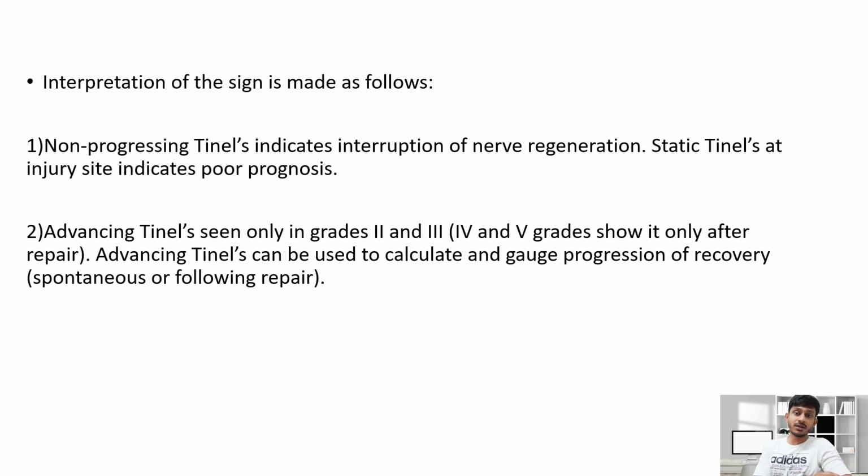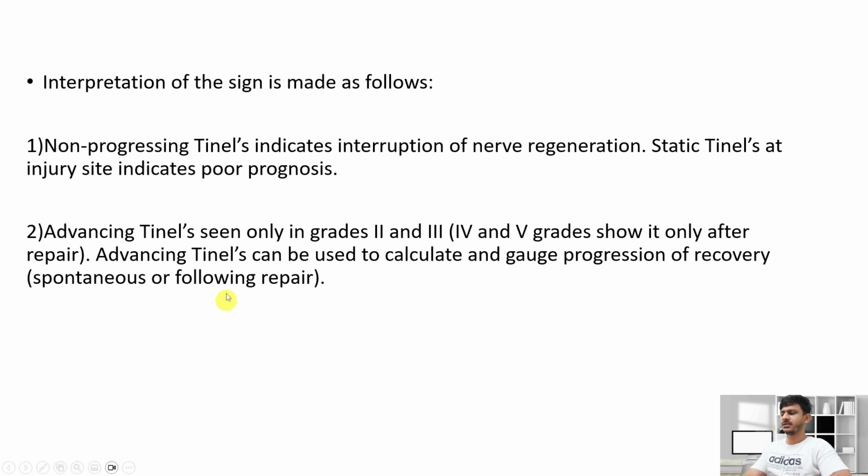Whereas if it only stays proximally and doesn't ever progress distally, even though a good amount of time passes, it indicates the nerve regeneration is stuck. Whereas an advancing Tinel sign is seen when the nerve is regenerating well from proximal to distally, and even distally also we can feel the paresthesia.